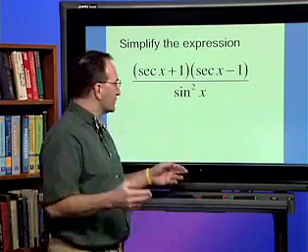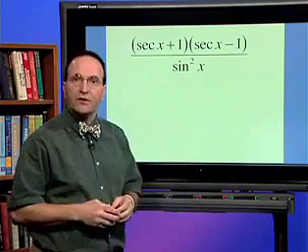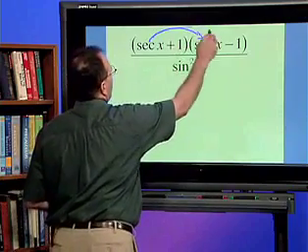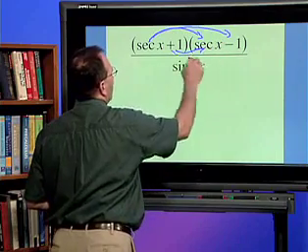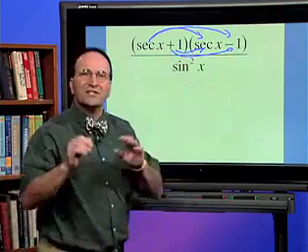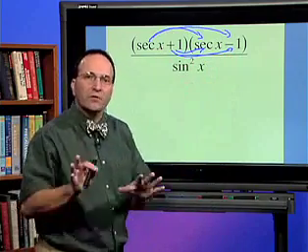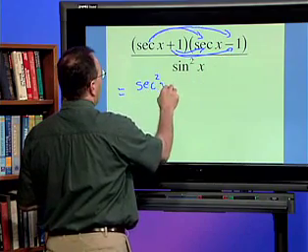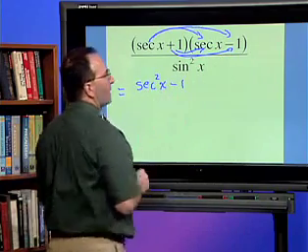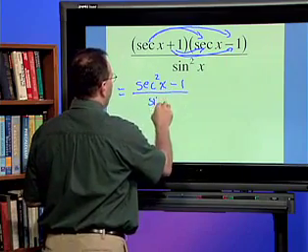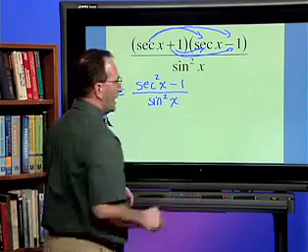And what I'm going to do is simplify the top of this first. Notice that we just simply expand through the distributive property. And I want you to notice that's just the difference of 2 squares. So therefore, this is equal to secant squared x minus 1 on the top. And the bottom remains sine squared of x.